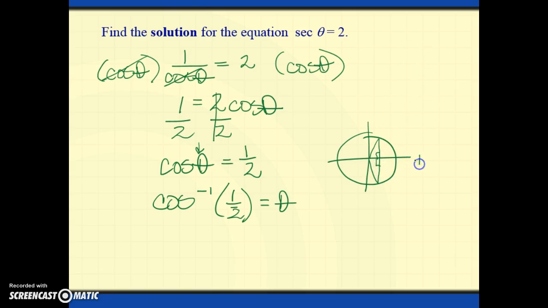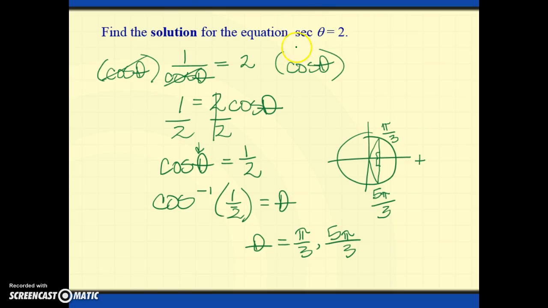That's where x values are positive. So pi over 3 and 5 pi over 3 are going to be my theta measures within one rotation that make that a true statement.